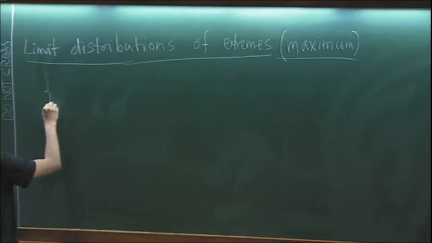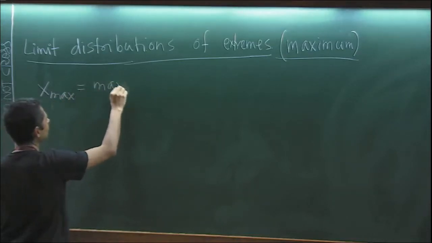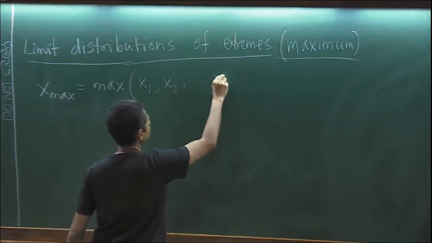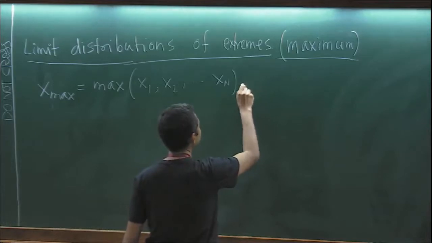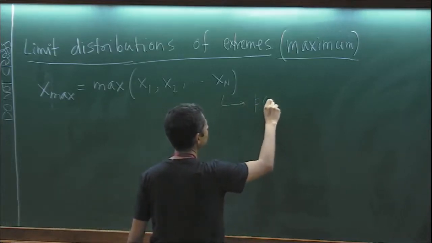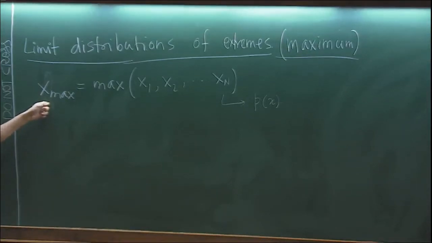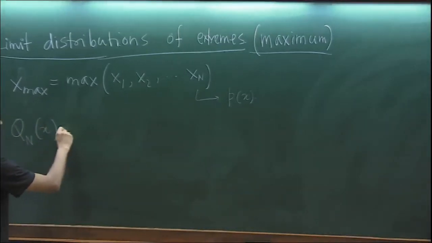So we had this object x max, which is the maximum of this set of random variables which are IID, and it's drawn from the same distribution P of x, right? So we are interested in the distribution of the maximum, and we have defined this quantity Qn of x.